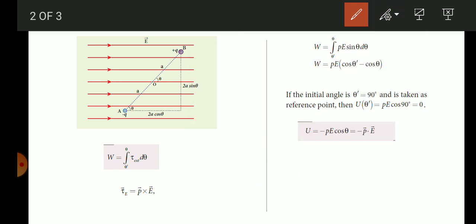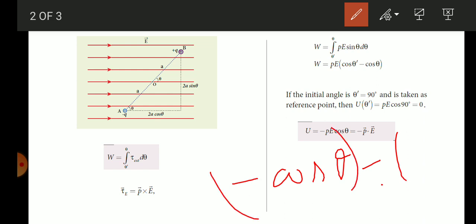So according to the formula, minus cos theta minus, and this minus comes from the formula, because applying the limit is upper limit minus lower limit, correct? And minus cos theta prime.